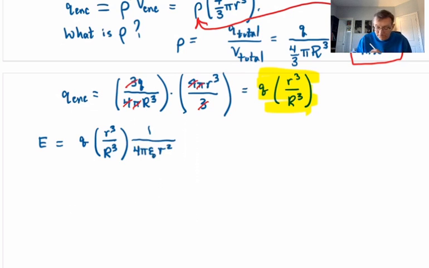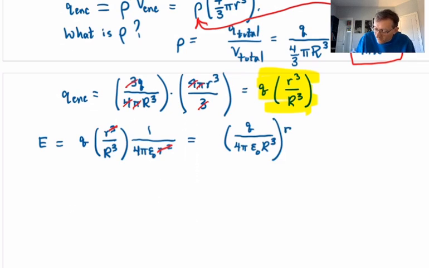Yes, little r, the radius of the Gaussian surface. Well, I've got a little r squared downstairs, I can take 2 of those little r's that are upstairs. And so I'll do some grouping now. I have q over 4 pi epsilon 0 big R cubed, all times little r.